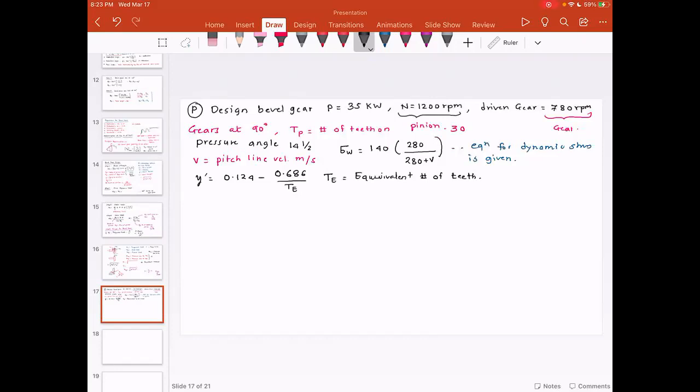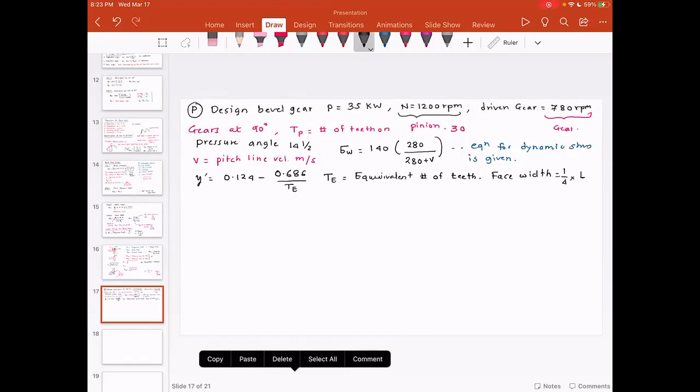The face width is equal to 1/4 times the slant height L. And we just talked about what the slant height is. So we have to find out for the pinion, the module, and all other dimensions.